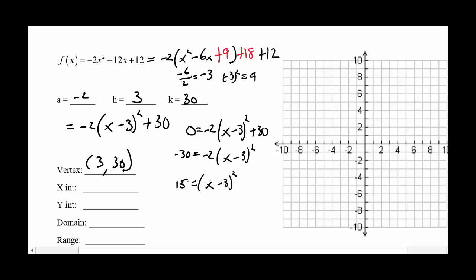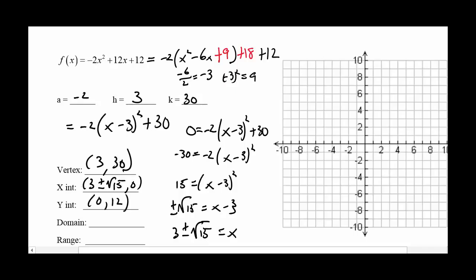And then square root of that, so plus or minus the square root of 15 equals x minus 3. And then add 3, so 3 plus or minus the square root of 15 equals x. And that's a lovely ordered pair. Sorry, not 5, 15, comma 0. Okay, y-intercept, so put zeros in, I should get 0, 12.